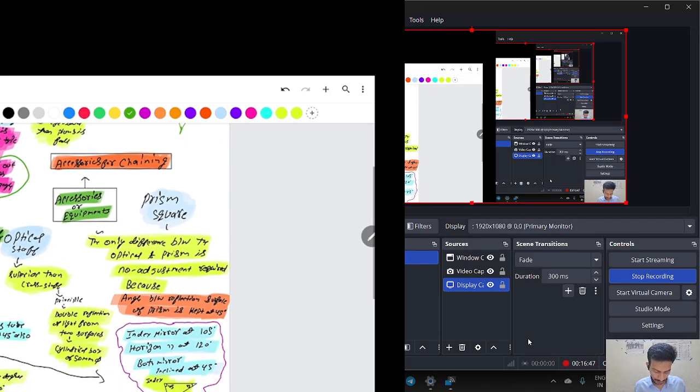Now, equipment for measuring 90 degrees, meaning right angle.